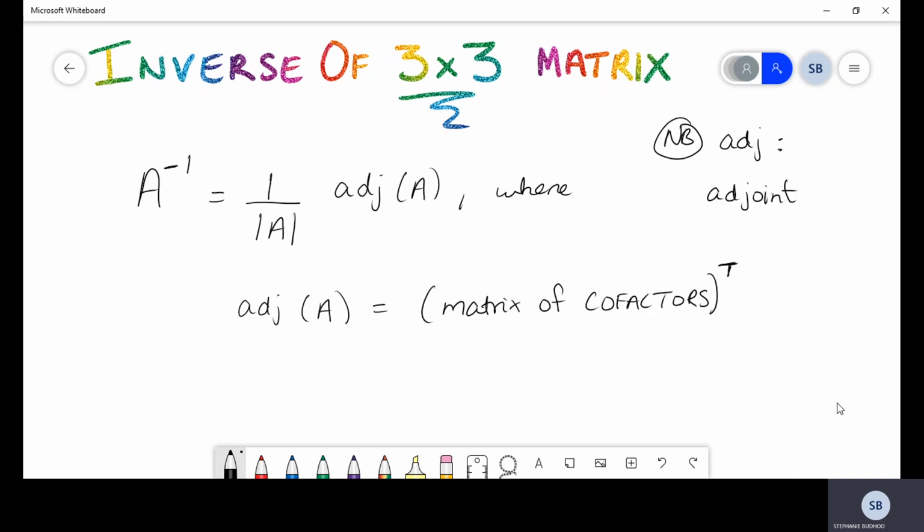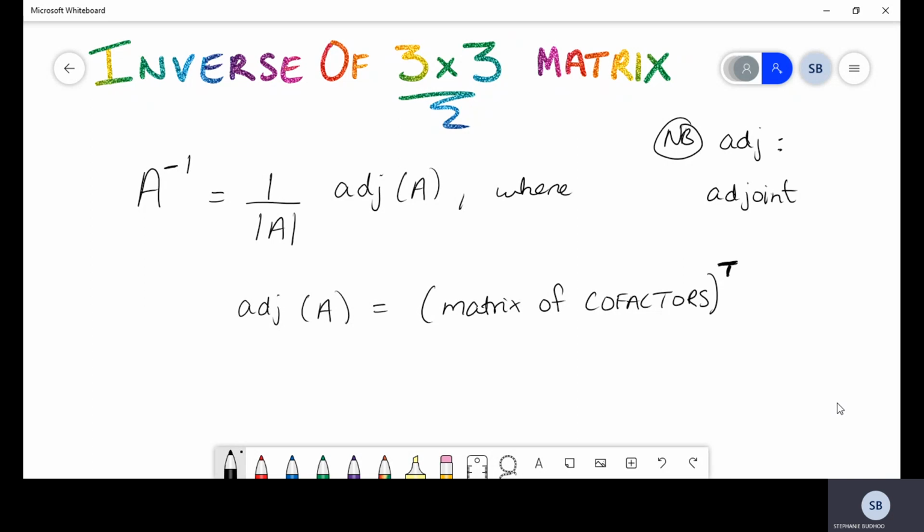And the adjoint of a matrix A is simply found by transposing the matrix of the cofactors for that particular matrix, right?